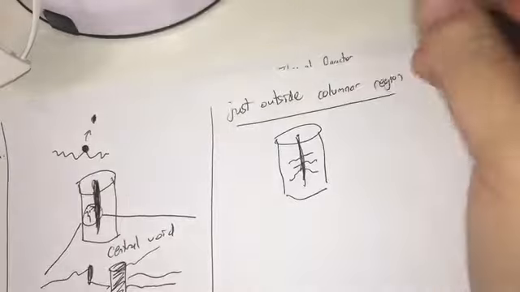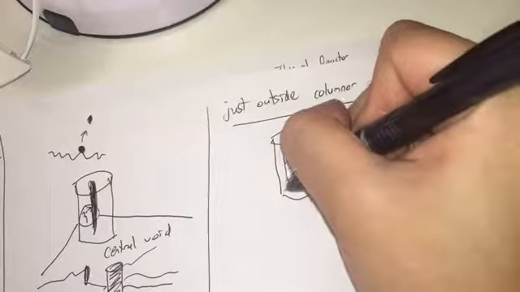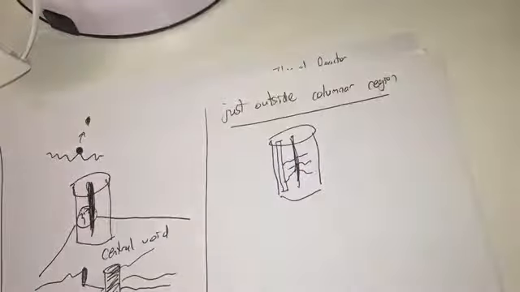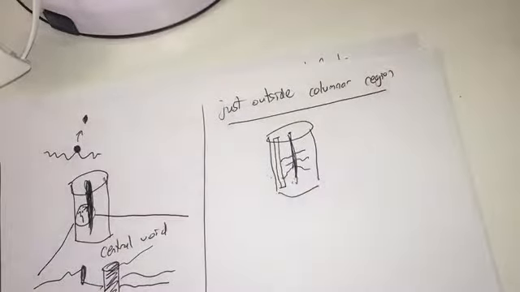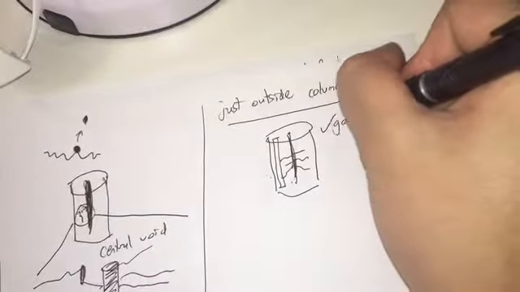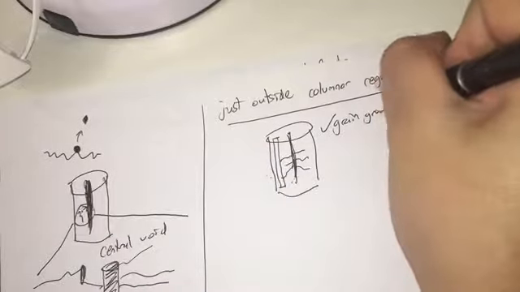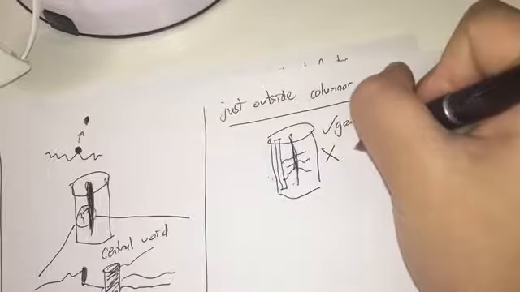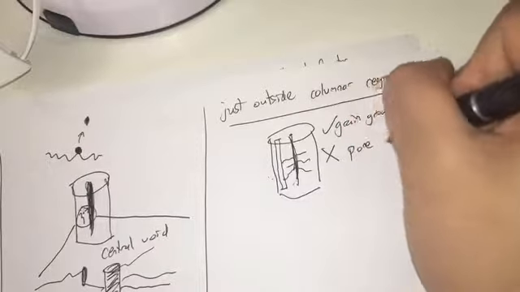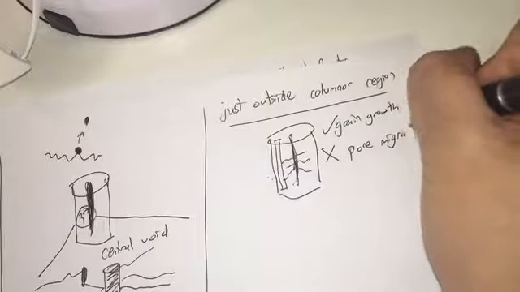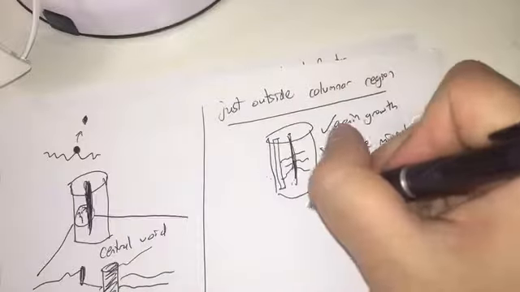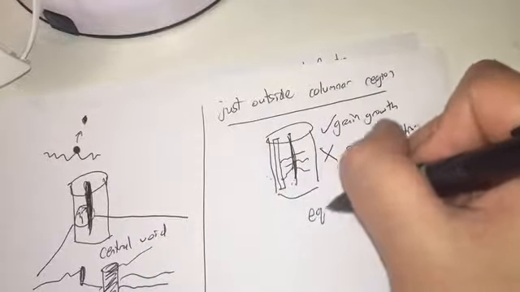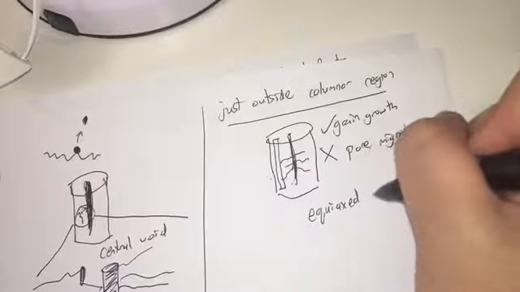Just outside the columnar region, maybe somewhere over here, it's not quite the center, not quite the outside, just somewhere in between. We still have a grain growth process because of the high temperature, but no more pore migration because the temperature gradient is not high enough. So just outside the columnar region, we call it the equiaxed region.